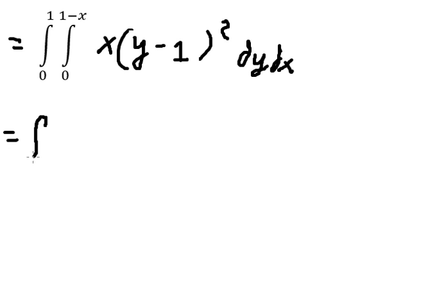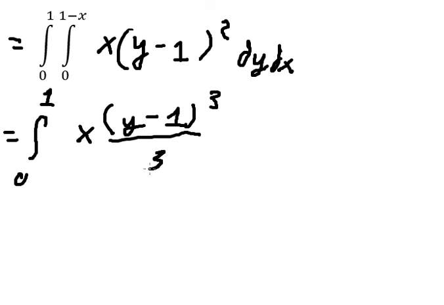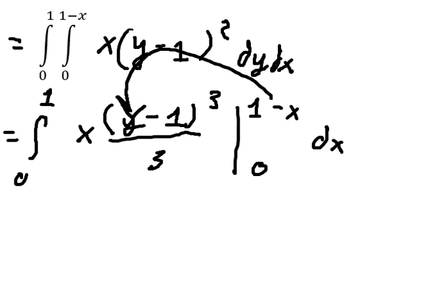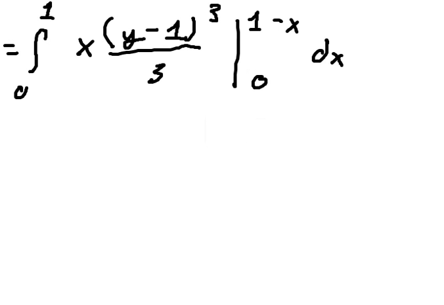So we have s, y minus 1 to the power of 3 over 3. And we put the bounds from 0 to 1 minus s. So we put 1 minus s gone here and number 0 gone here. And we have like this.